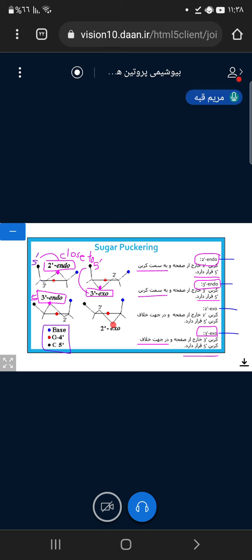In 2' exo, carbon 2' is away from carbon 5'.